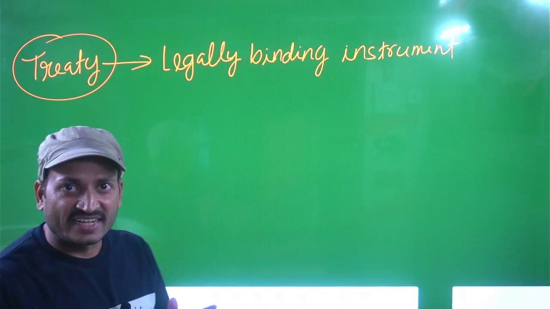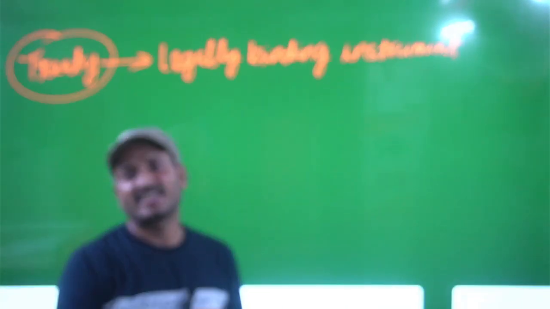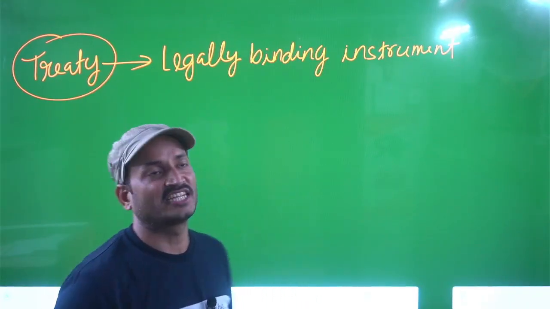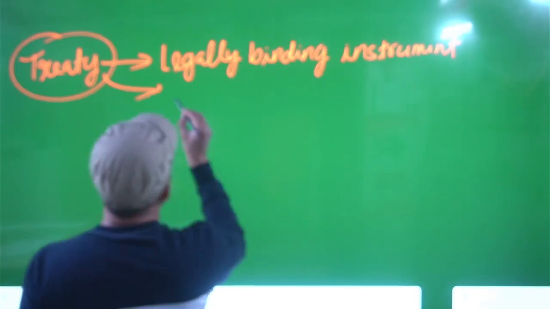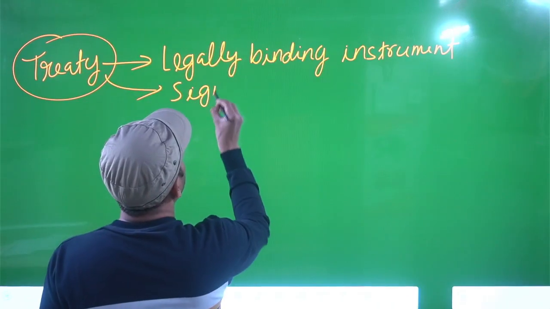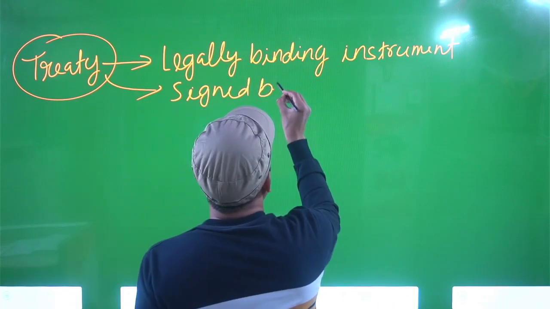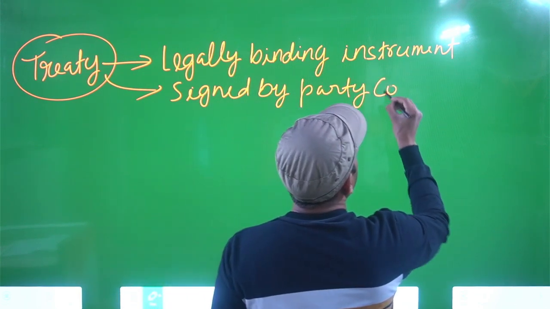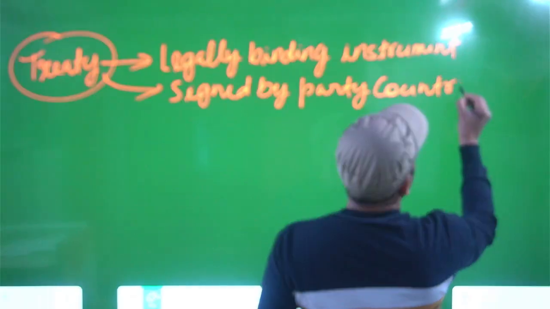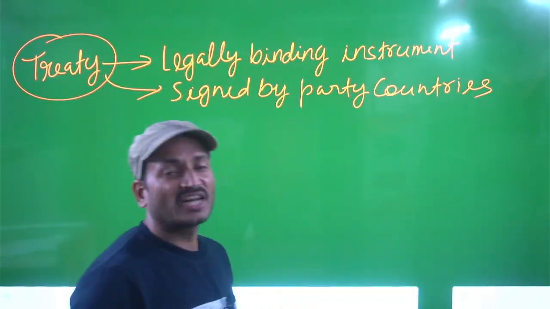Meaning the countries that are party to the treaty, the countries that have agreed to the provisions of the treaty, they are bound to follow the provisions of the treaty. It is a legally binding instrument. And this instrument is signed by party countries, my friends. Party countries, meaning countries that are party to the convention or party to that particular treaty.